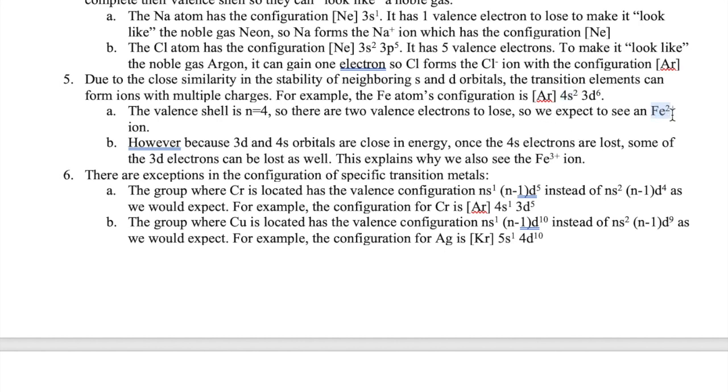And we know that we see that ion, which is the iron 2 ion, Fe2+. However, because 3d orbitals are close in stability to the 4s orbital, iron can also lose electrons from the 3d orbitals, and in this case that's what causes iron to have other charges. So for example, the Fe3+ ion is just the iron ion that has lost the first two electrons here plus one of the electrons in the 3d orbital.